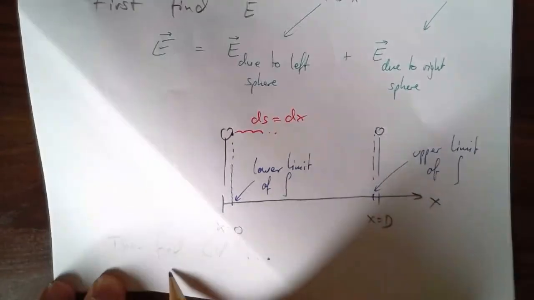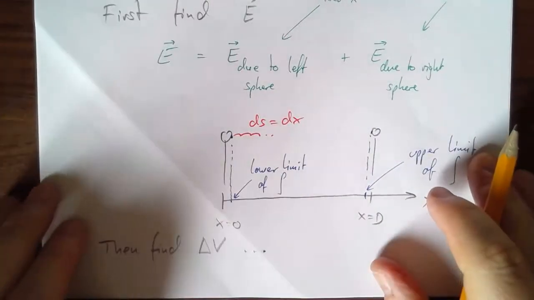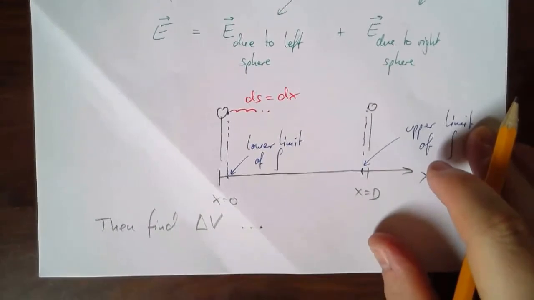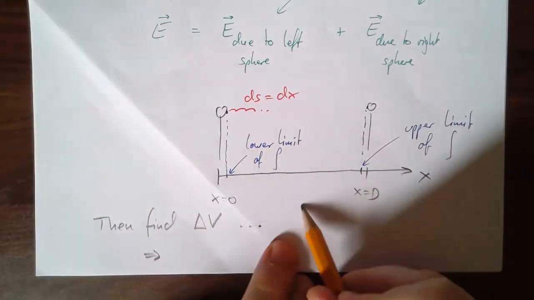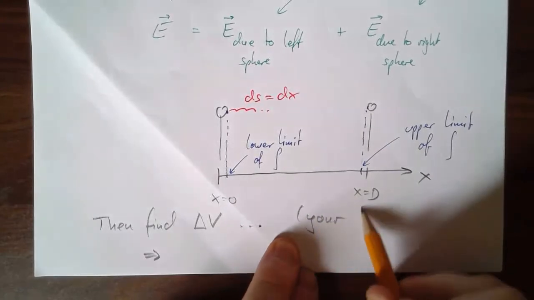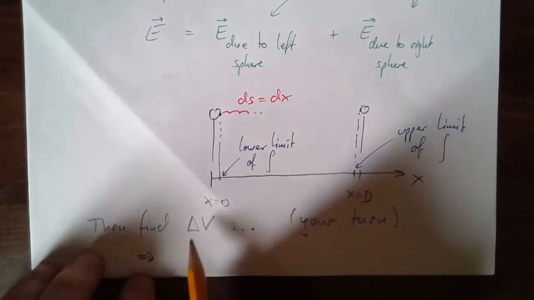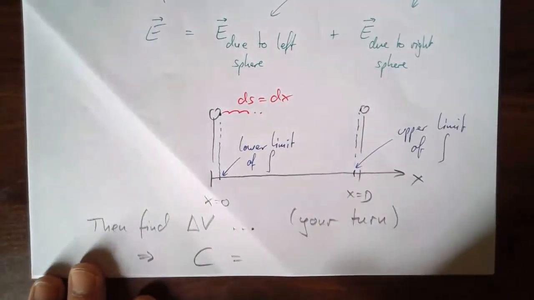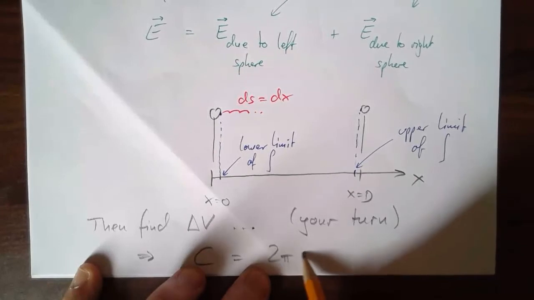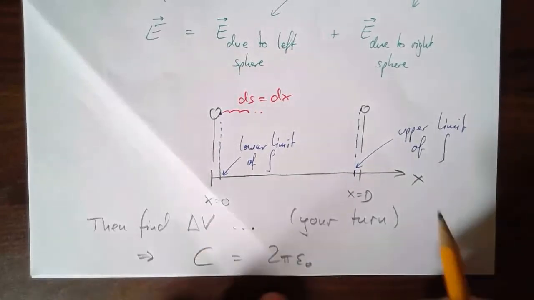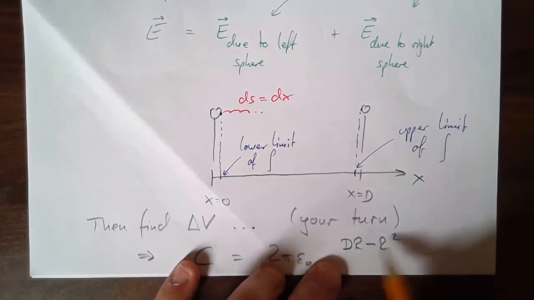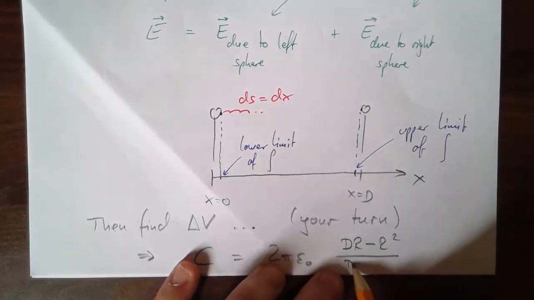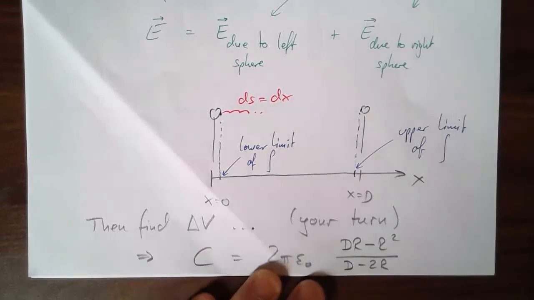And then you find that the final capacitance, so here again it's your turn. Same thing up here, your turn. You find, all said and done, that the capacitance is going to be 2 pi epsilon 0 times dr minus r squared, divided by d minus 2r.